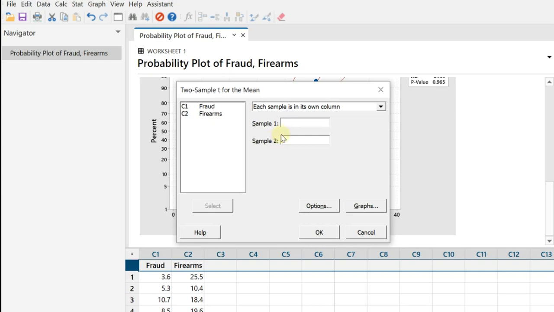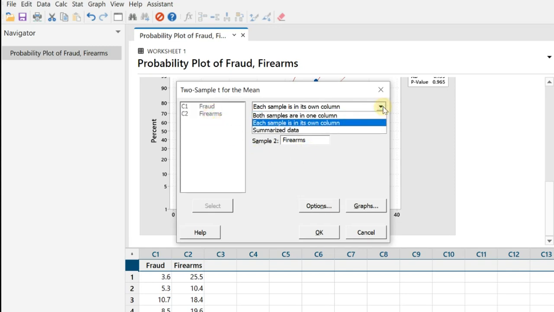But when you go in here, these should be empty, and once you click into them, you should see these two columns already in place, C1, C2, fraud and firearms. Those must be activated. If you double click on fraud, it brings it into here. In the next field, double click on firearms, and it imports it into that field.